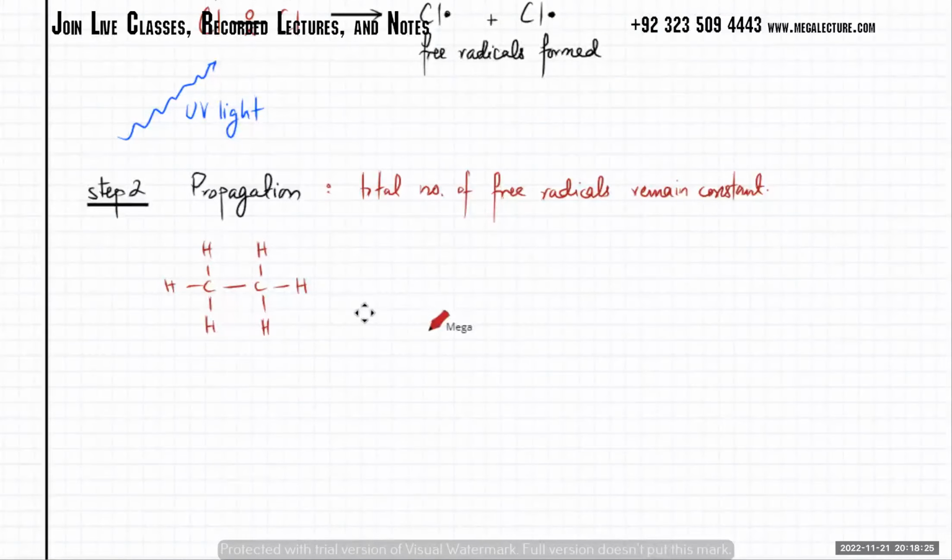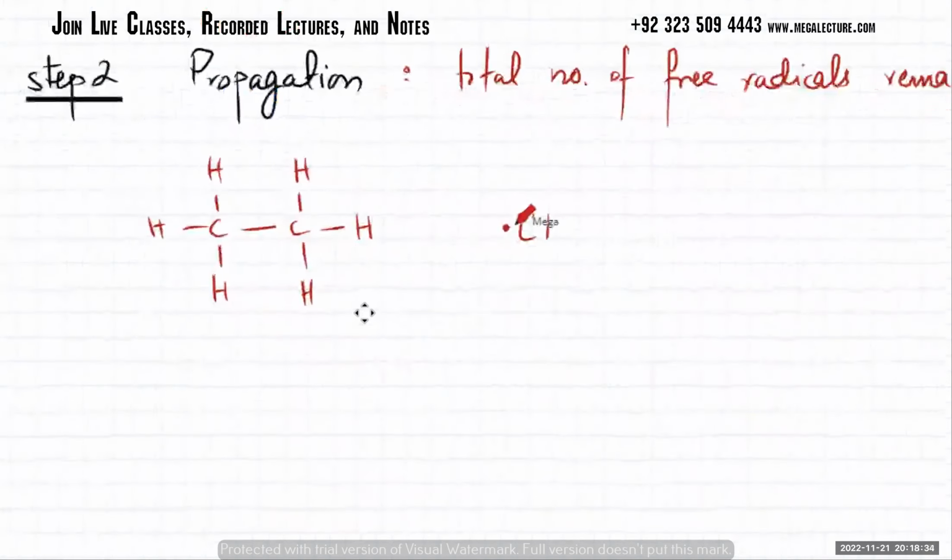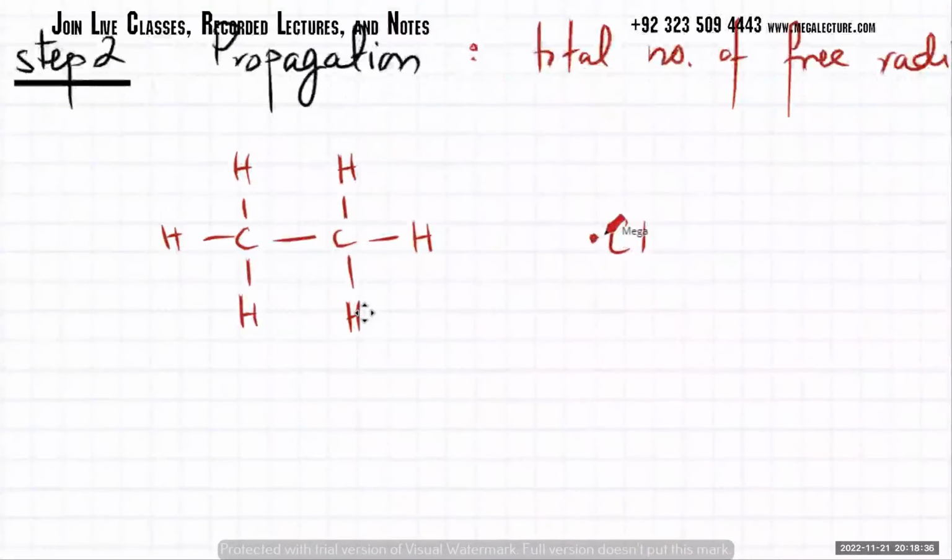So that's my ethane molecule, and I've got a Cl radical. So remember, radicals are very reactive. Radicals are reactive because they need an electron. ठीक है? Chlorine का जो outer shell है, that is not complete at the moment. It's not complete, so it needs one electron from somewhere. Where would it get that one electron?